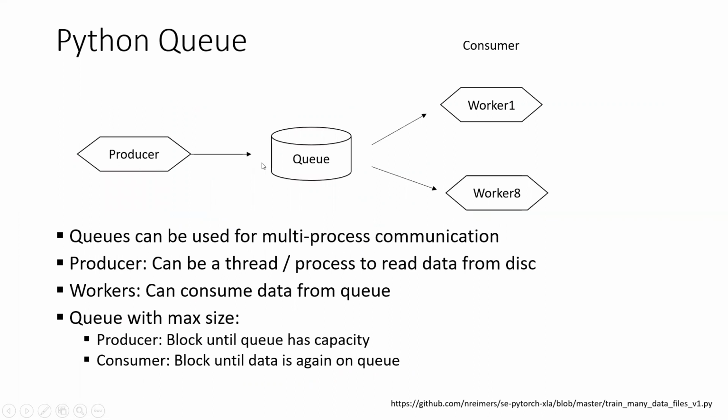So when you say the max size is 1000, you can put 1000 objects on the queue. And then when the producer tries to put another object on the queue, it waits. So it gets idle until there's again capacity on the queue. And similar for the consumers: when they get data from the queue and there's no data because the producer is too slow or the disk is not running fast enough, they also wait until they get the data from the queue.